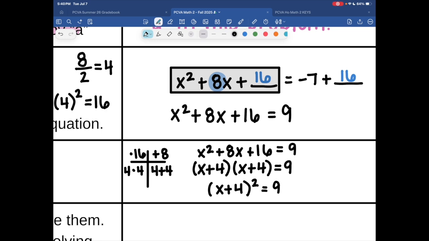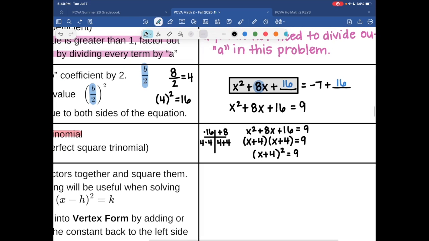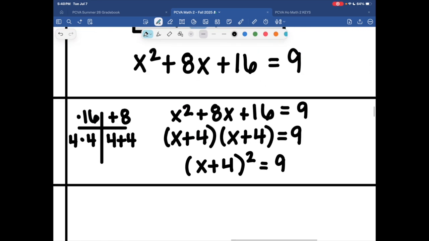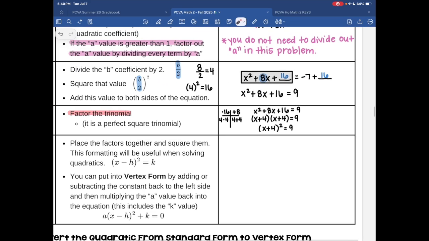Now, at this point, stopping here with this formatting is actually going to be very helpful when we get to the solving section. Right now, we're just learning how to convert from standard form into vertex form. It says to place the factors together and square them, which is what we did.